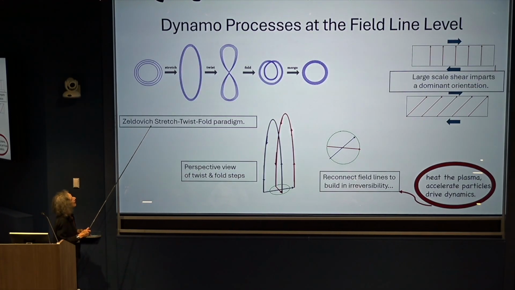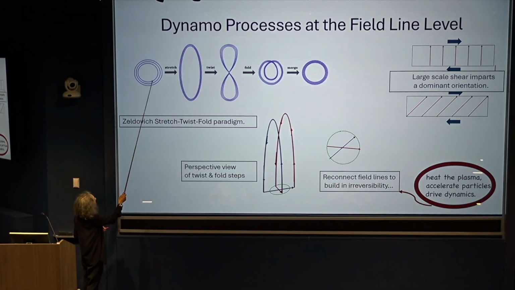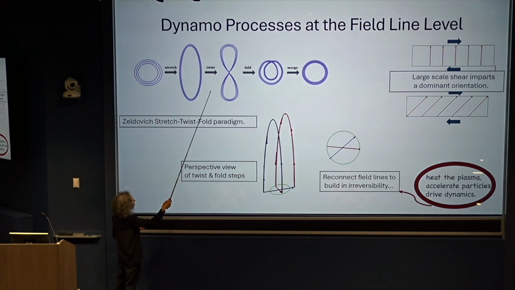So this is the famous Zeldovich stretch, twist, fold paradigm for what a dynamo has to do. The idea is that we start with some loops of magnetic field. We stretch them, becoming stronger. Then we twist them. So you have to do something in 3 dimensions to twist it.